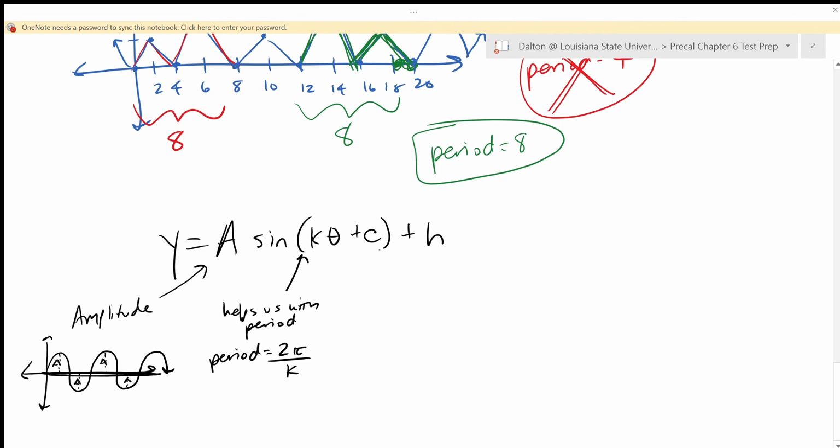C also in and of itself does not help you find anything, or sorry, I said that wrong. It does not tell us something off the bat. It does, however, help us find the phase shift, which is found by doing negative c over k. And then h blatantly tells us the vertical shift. There's nothing to figure out.